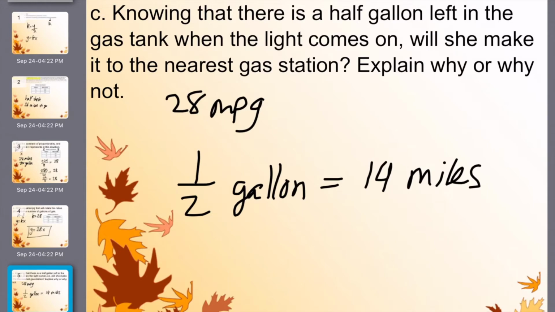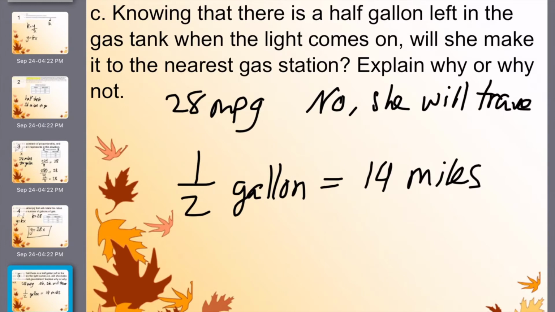Since the nearest gas station is 26 miles away, she will not have enough gas. No, she will travel 14 miles, not 26.